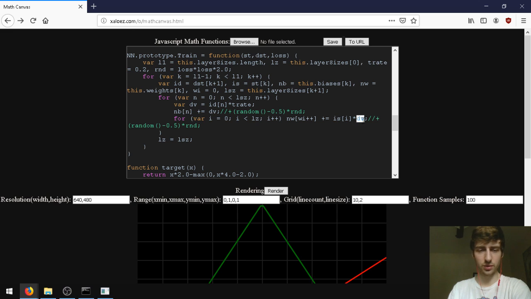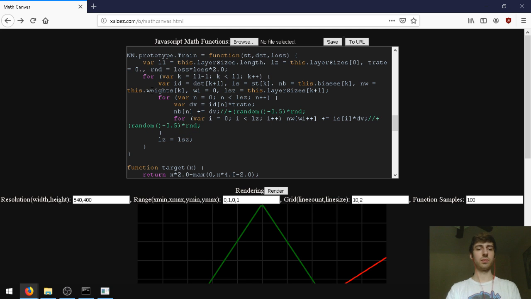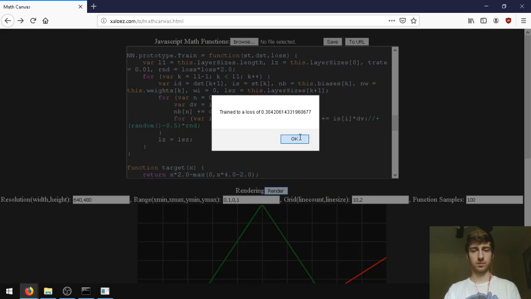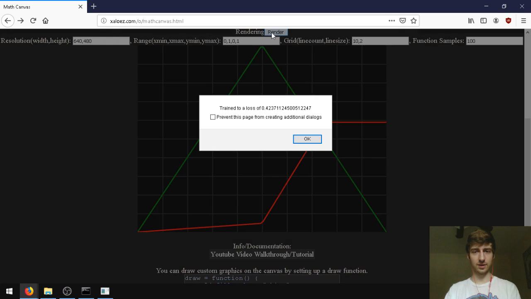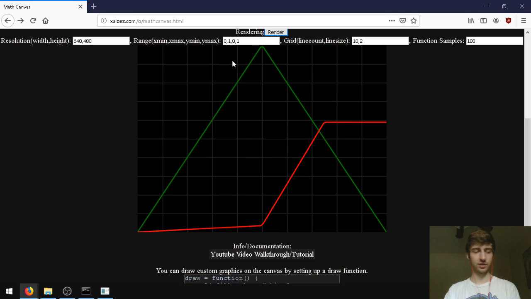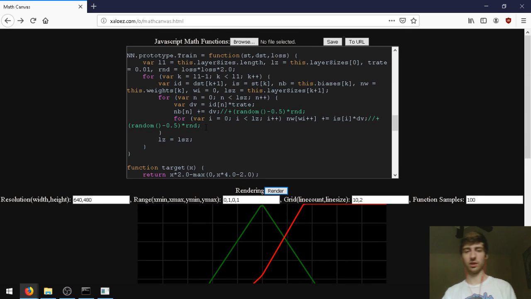It's the input times the derivative. Yeah, so it is not learning well at all. So I need a different method of doing this. I don't know.